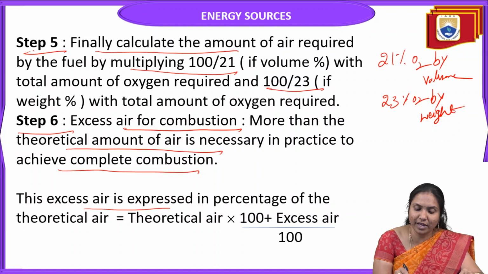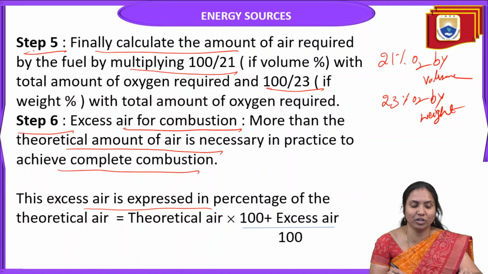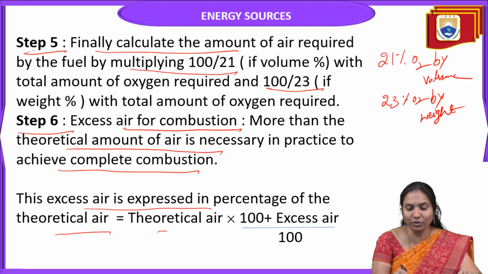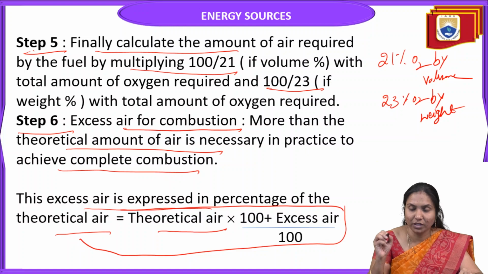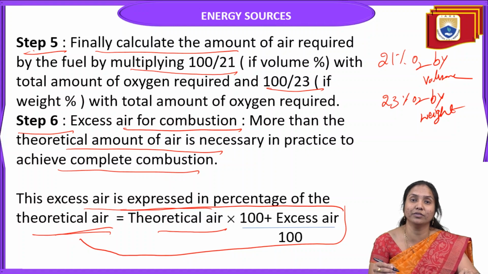This excess of air is expressed as a percentage of the theoretical air. So to calculate this, we use the formula: theoretical air into 100 plus excess of air by 100.